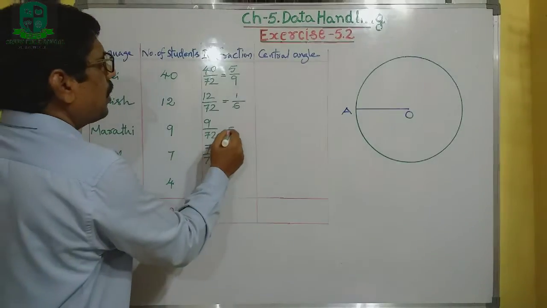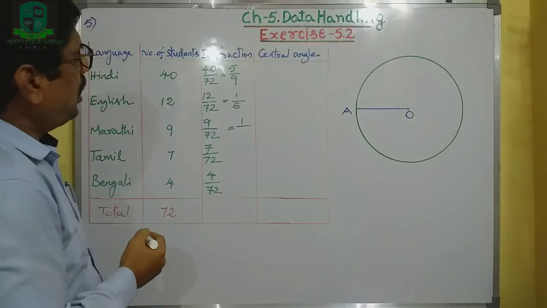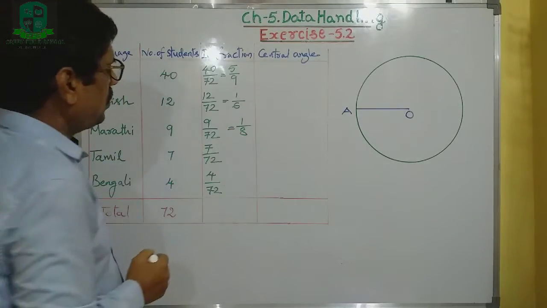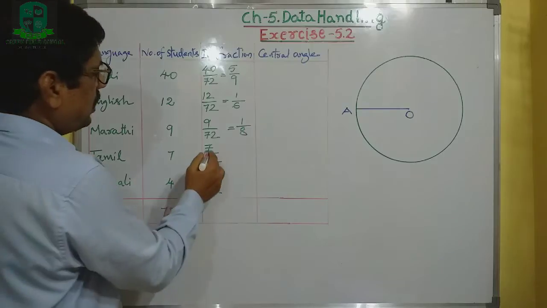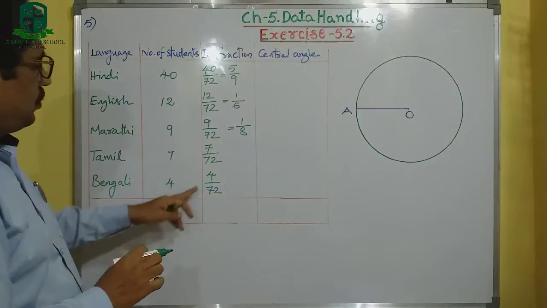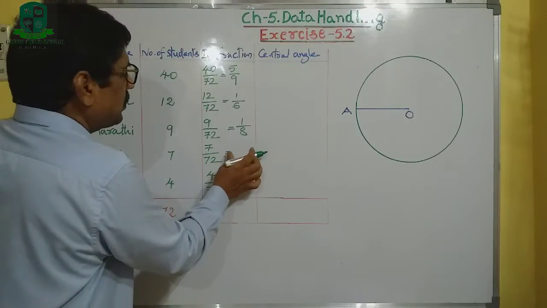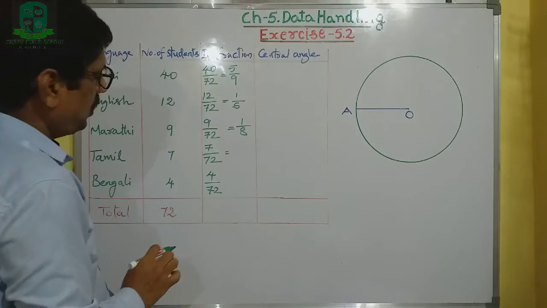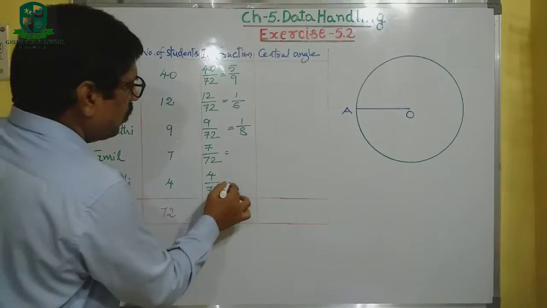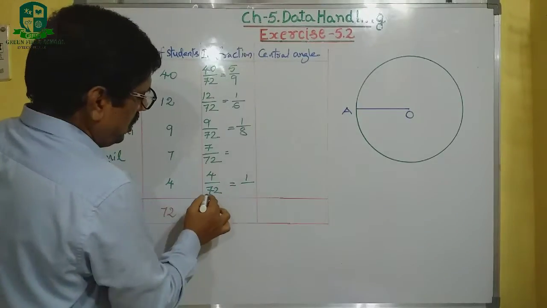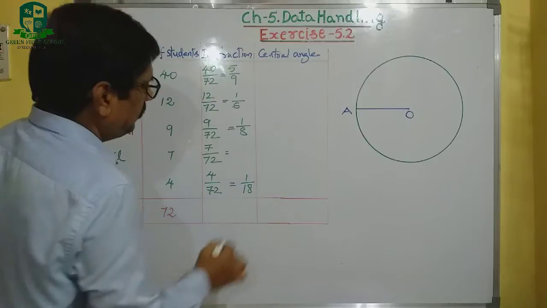Here in the 9 table, 9 1s are 9 and 9 8s are 72. So 1 by 8. Here 7 and 72 are co-primes. We can't cancel, so leave it like this, 7 by 72 only. And 4 by 72, in the 4 table we can cancel: 4 1s are 4 and 4 18s are 72.